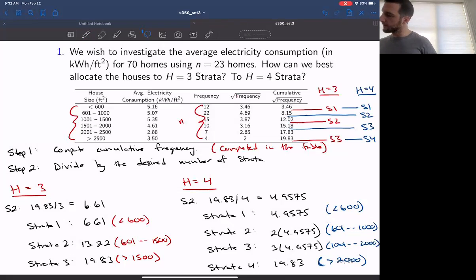No, it shouldn't, because strata 1 is taking only what is less than 600. Strata 2 is the values between 601 and 1,500, and strata 3 is everything greater than 1,500. Yeah, the last one means the rest of them will be based on the previous. It has to take all of the information that's left over.